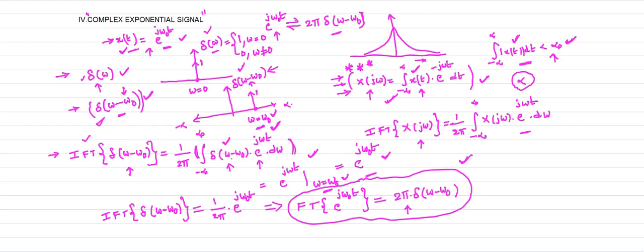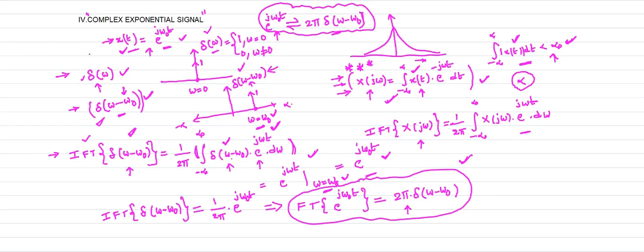So you need to remember this result. This is very, very important, the complex exponential signal. Whenever the signals are not absolutely integrable, we can find the Fourier transform in the indirect way, by considering the frequency domain signal. If you find the Fourier transform by using this formula, you cannot get the answer; you will get infinity.